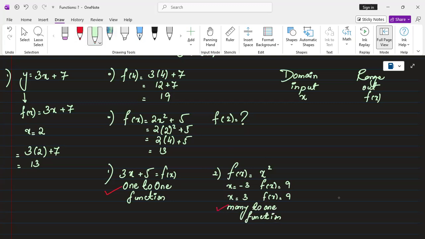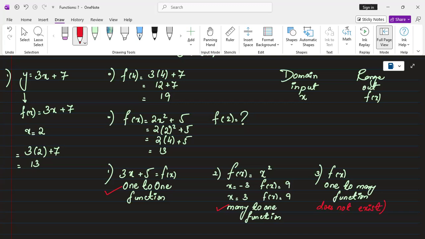But the third case of the function does not exist: there is no function which is going to give you more than one output for the same input. So it can't be a one-to-many function. This does not exist, okay?